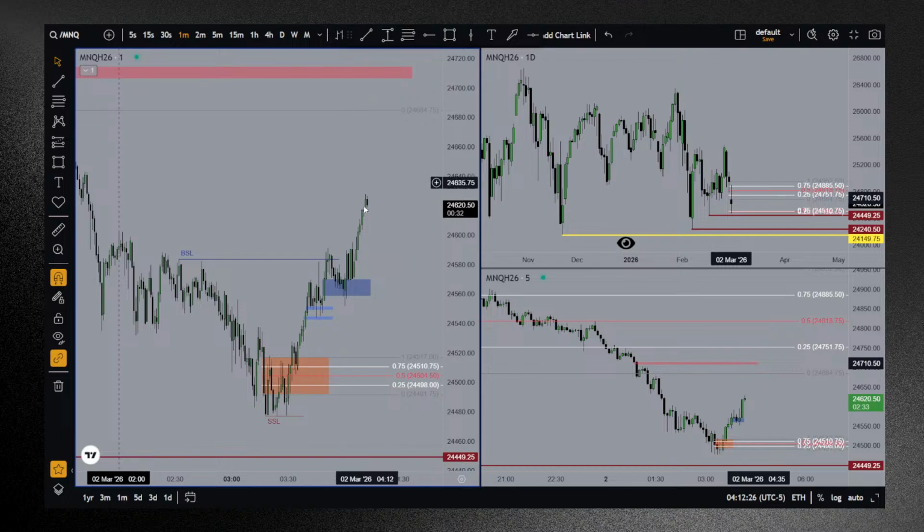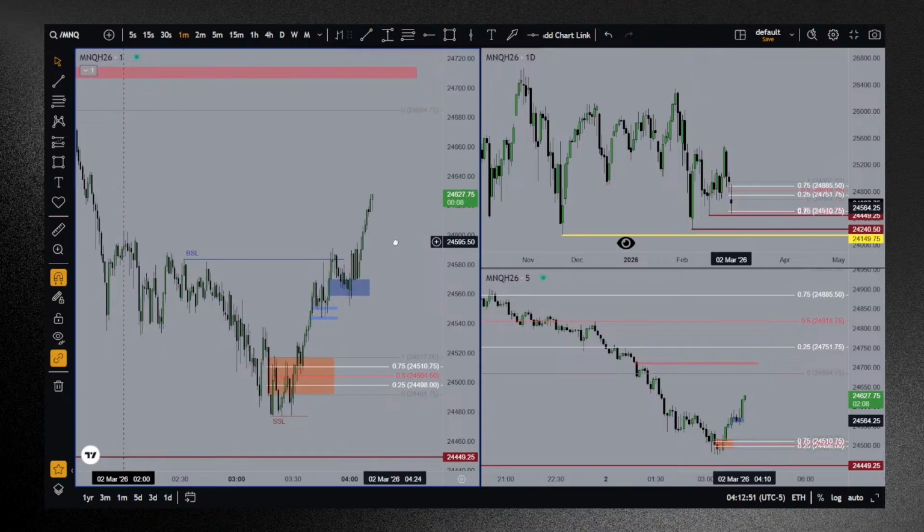But overall, I believe the rotation will be lower eventually, even if not this session, then the next session or the 9:30 open. Definitely, if this is still in place, that's where my attention would go, basically immediately. So yeah, that's what it is.